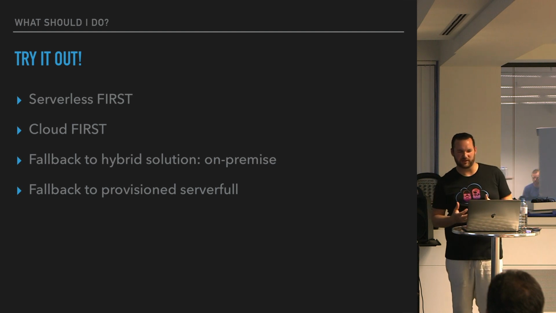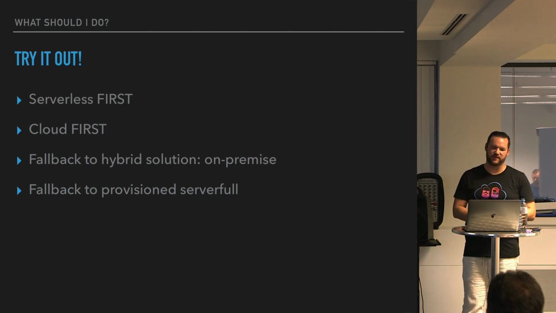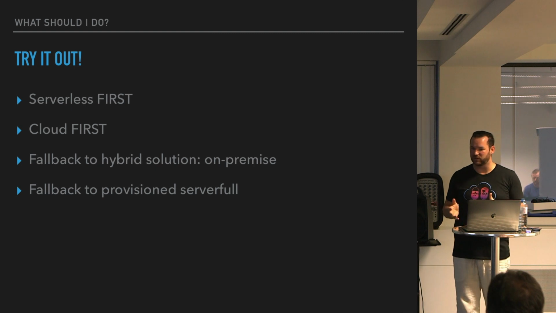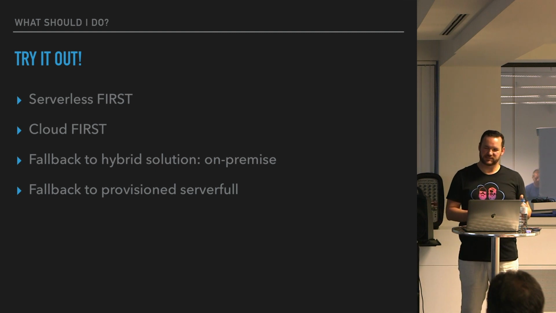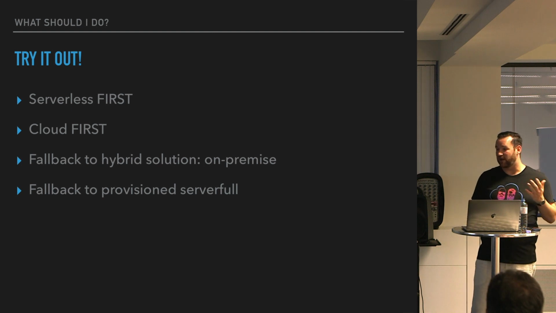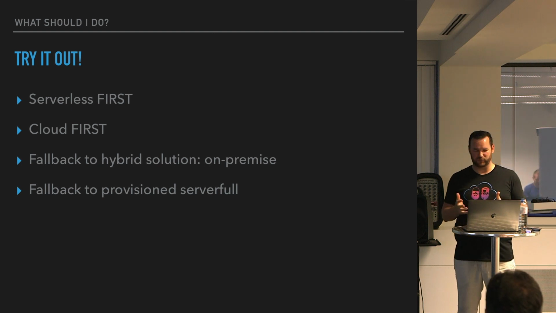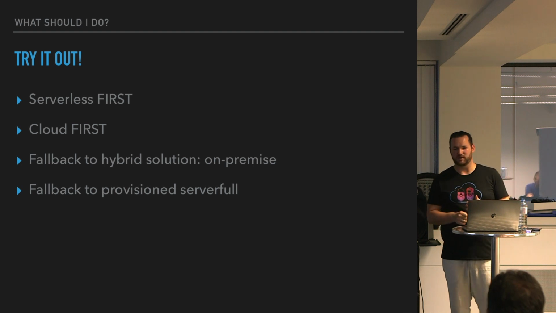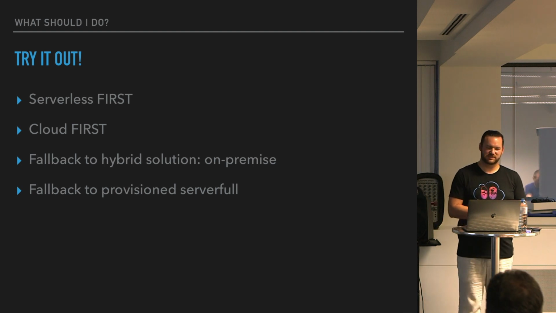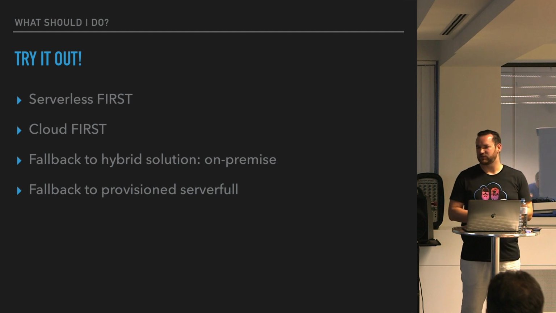If you think about creating a new application, just try it in your mind: is this application possible to be done with serverless technology only? And is it possible to do it in the cloud? So try a cloud-first approach and just fall back on hybrid solutions with on-premise, or fall back to server-full solutions. But try it out, and you will see there is a good chance that you can build your application on a completely serverless base.